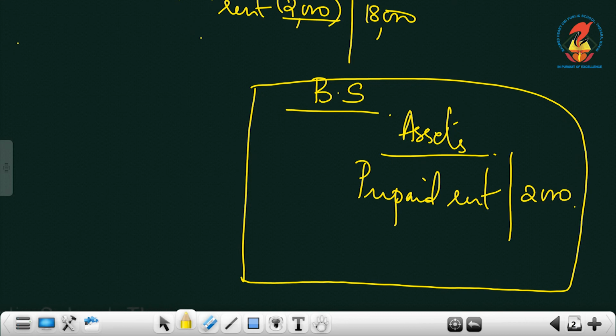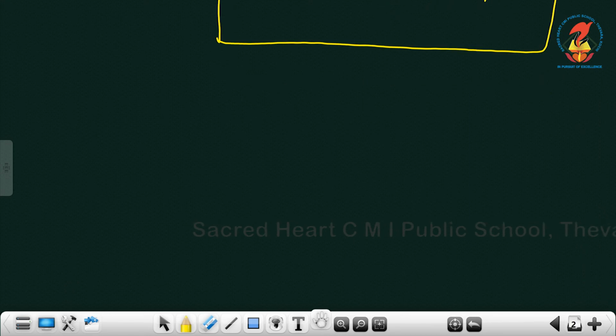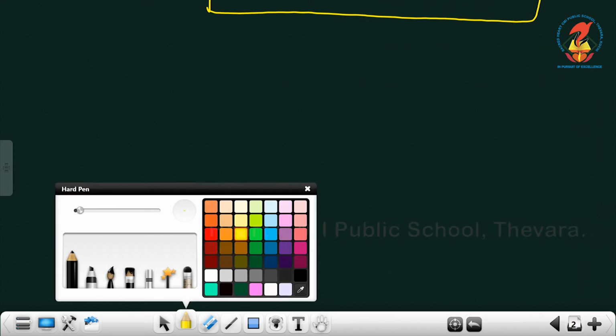Okay, now we will discuss the adjustment, the double effect. So what's the first subhead you have to write? You have to write it as when it is given outside the trial balance. The same thing we will repeat. When it is given outside the trial balance, or within brackets you can write adjustments. So when it is given outside the trial balance, 2 times we have to record.